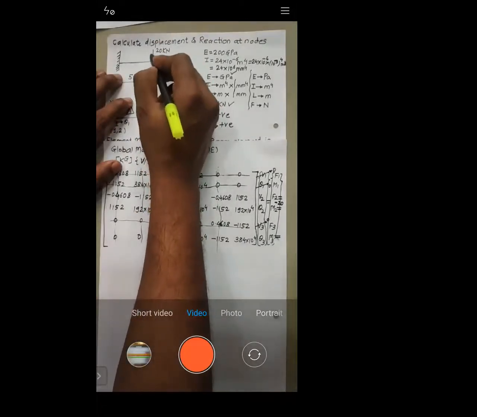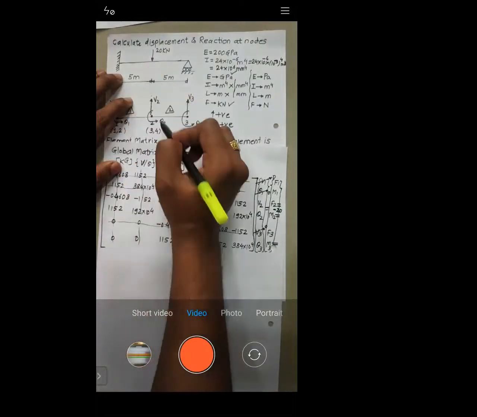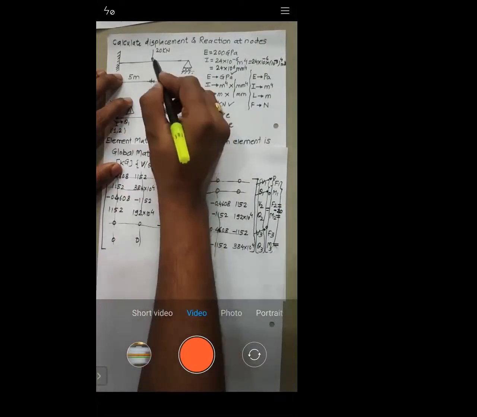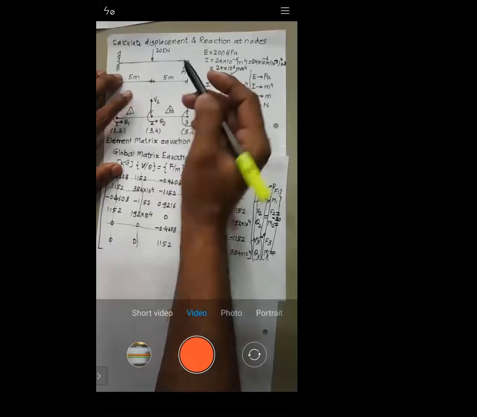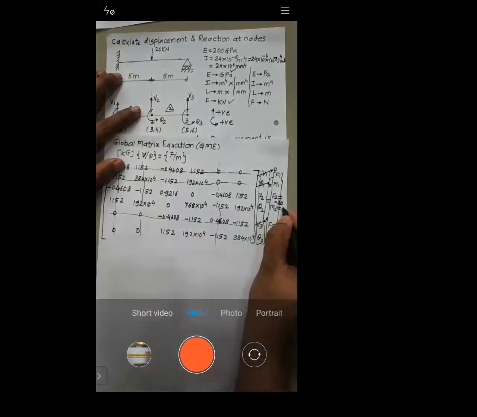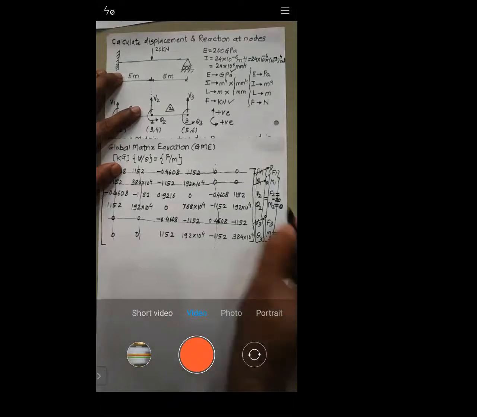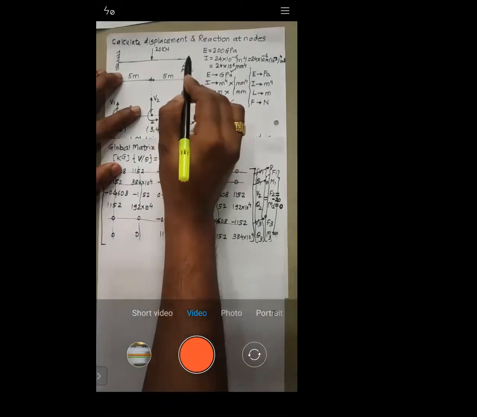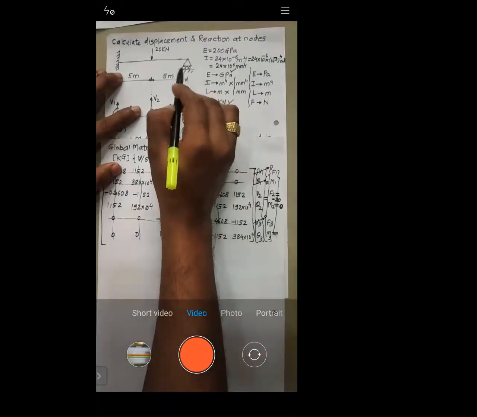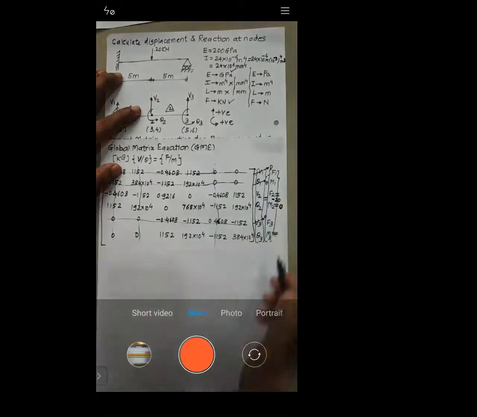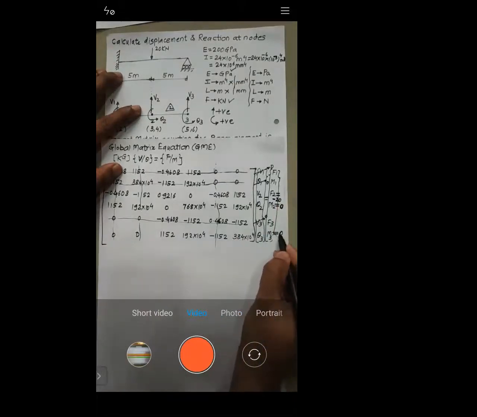Is there any moment given in the problem at node 2? Is there any anticlockwise moment given? No. So it is 0. Similarly, is there any moment given at node 3? I'm talking about given, 4 kilonewton meter, 5 kilonewton meter. No, so it is 0.